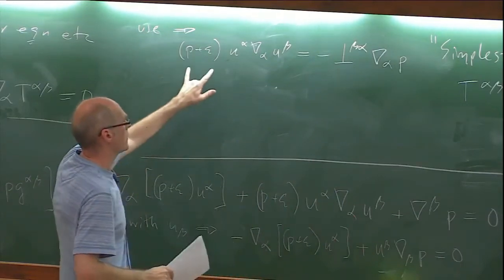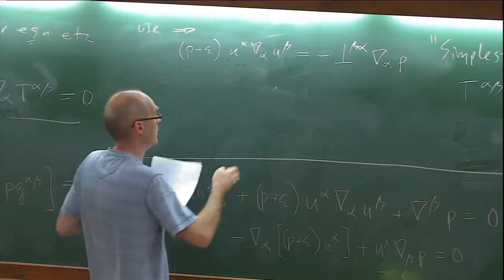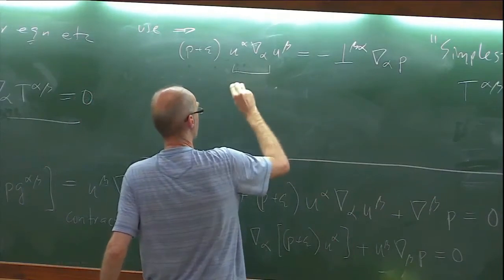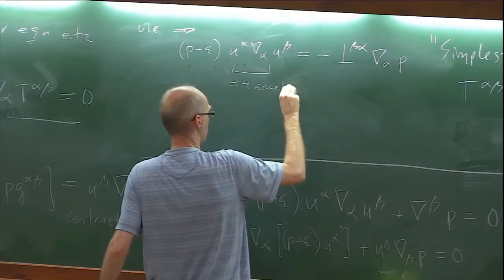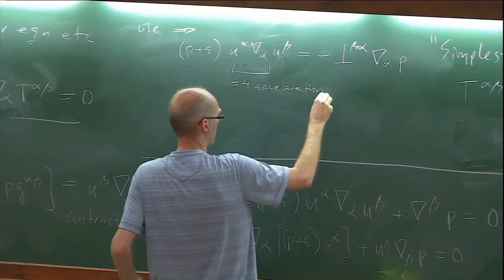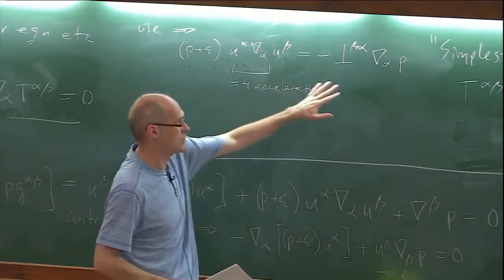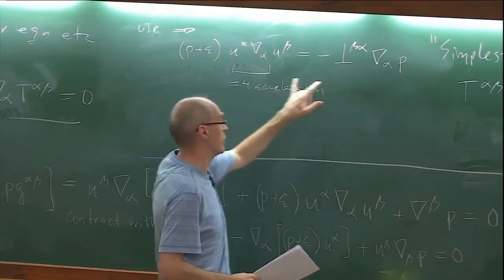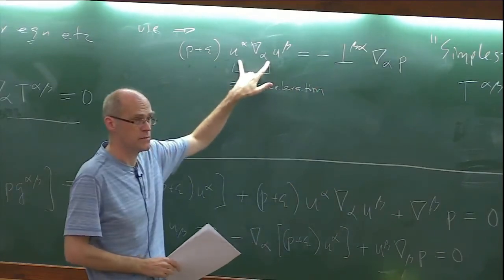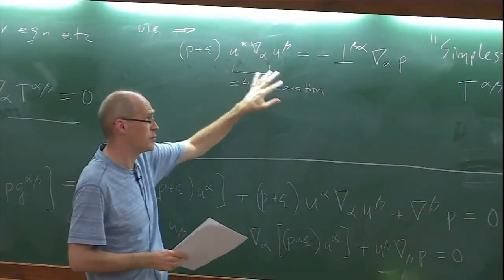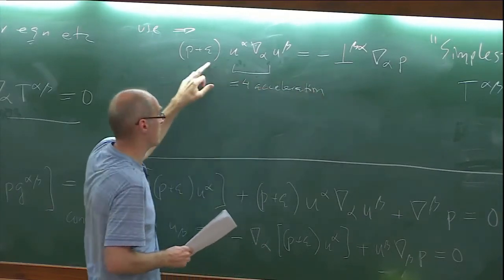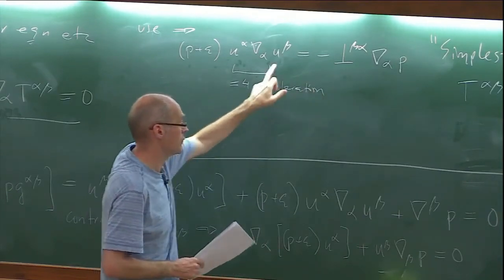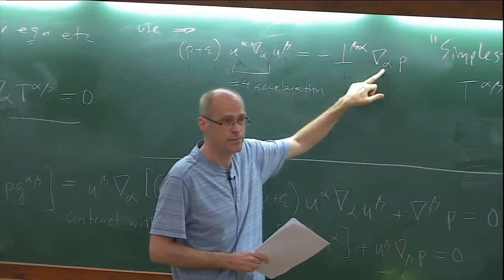So this is just saying that a fluid, because it has pressure, does not move on geodesics. Because if this was a geodesic, this would be zero. Okay, so this is essentially the acceleration is due to pressure gradients.